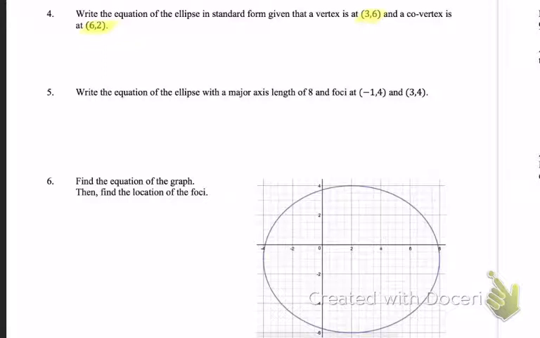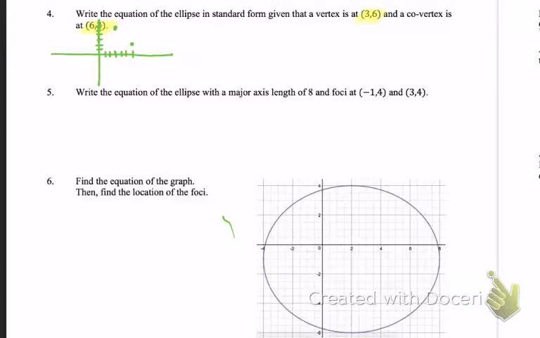I'm going to do the best of my ability at 3, 6, and a co-vertex at 6, 2, like this.